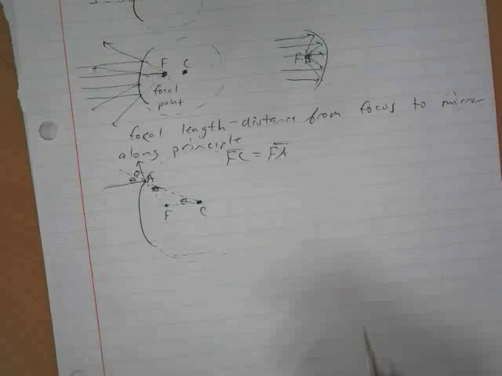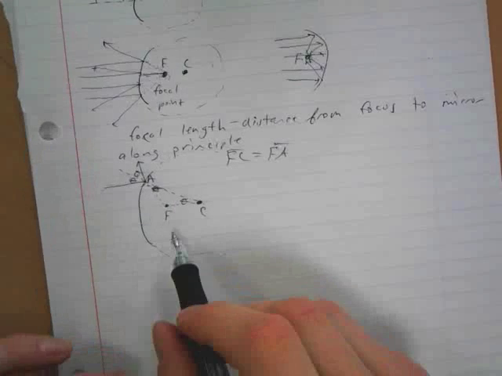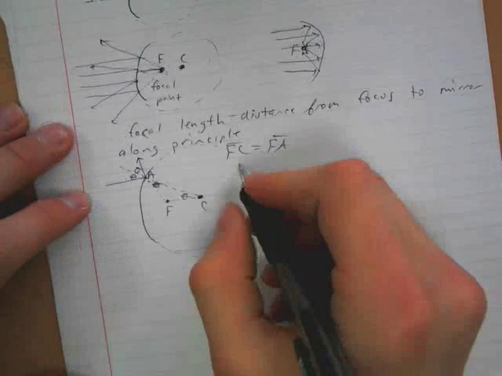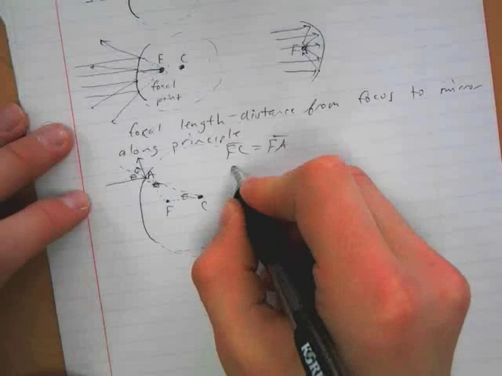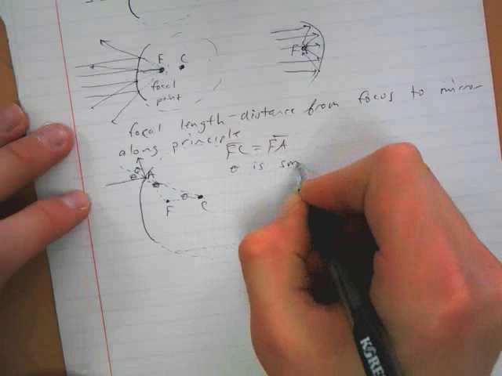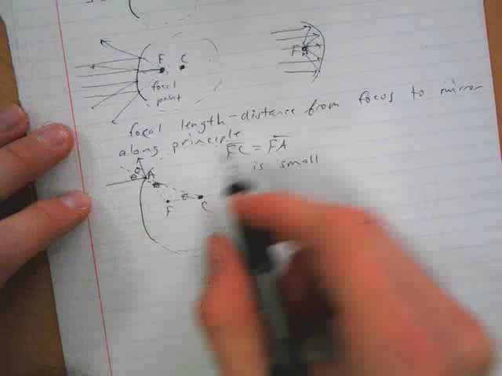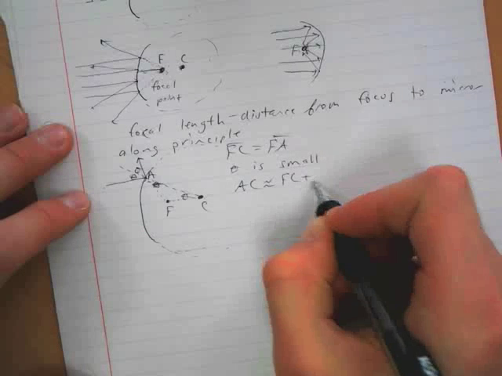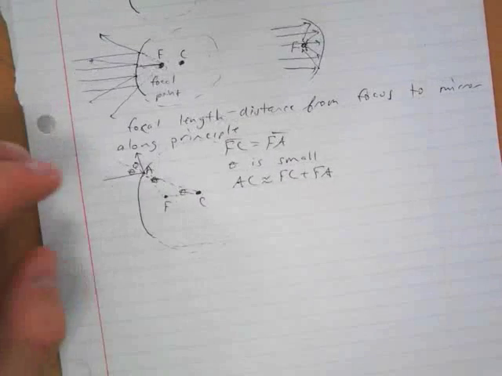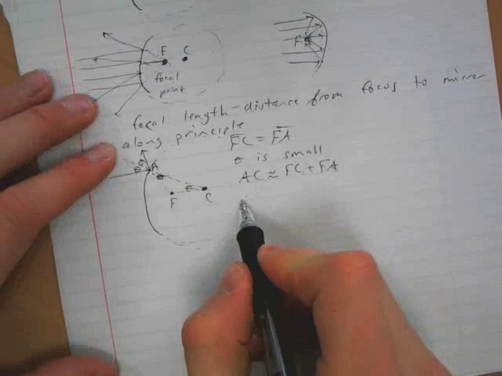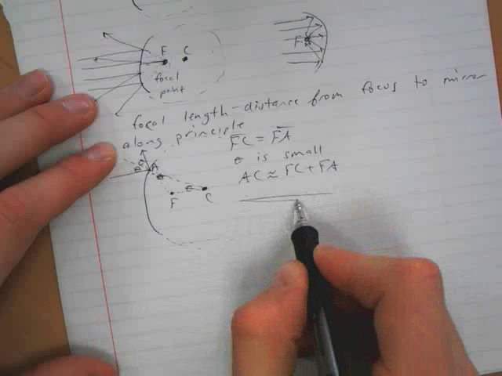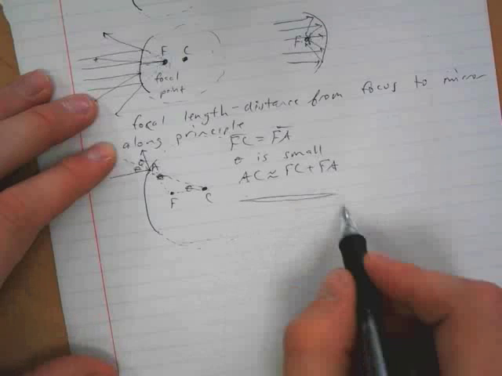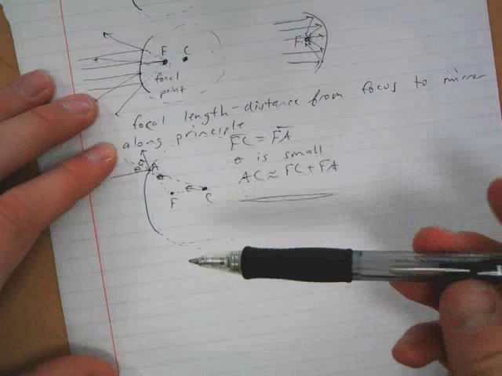And here's where we make a bit of an approximation. If we say that these angles are small, then we can say that AC is approximately the sum of those two sides. As this angle gets really small, that triangle will become closer and closer to where these two sides add up to that line. So that's the approximation we're making.